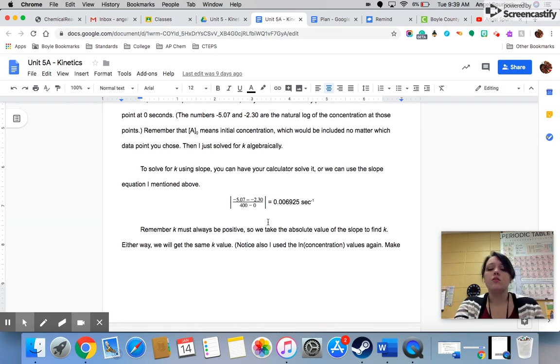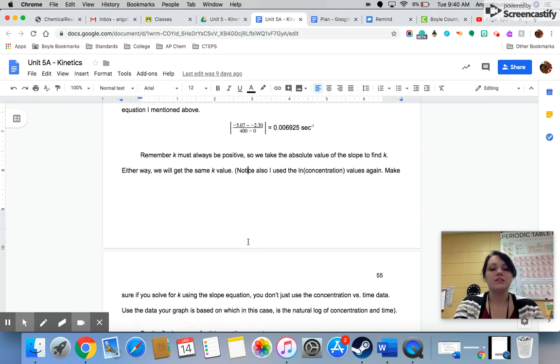If you wanted to solve it for slope the way I mentioned above, you could always do this, which did the exact same thing. Notice that I used the natural log of concentration data for my y-axis. I did not use regular concentration data because this is a first order reactant. I have to use natural log of concentration every time I want to solve for something that deals with a first order integrated rate law, and in this case it does.